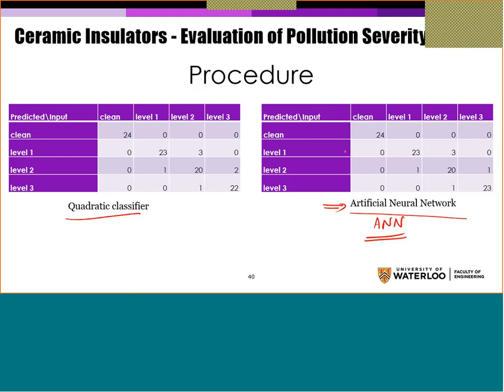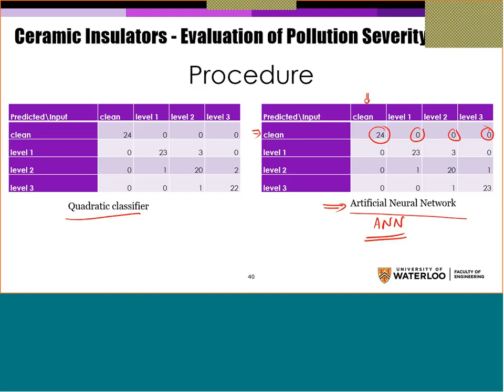So let's see here. This is the testing data only. I have 24 actually clean, and they are classified as clean, and then I have 0, 0, 0. So this was a perfect class.